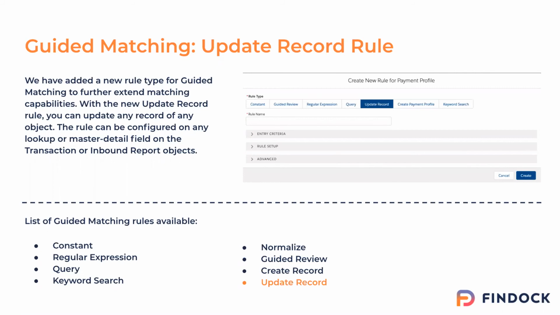You could normalize input coming from your customers, for example, to transform incoming descriptions to all lower case or trim spaces, you could use a normalize rule. You can ask the help of an agent by guided review. You can create records in Salesforce of any object. And now you can also update records in Salesforce of any object.